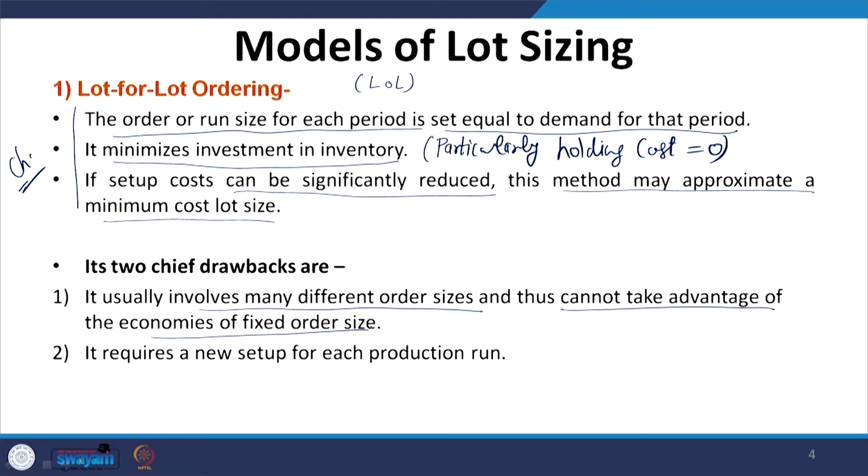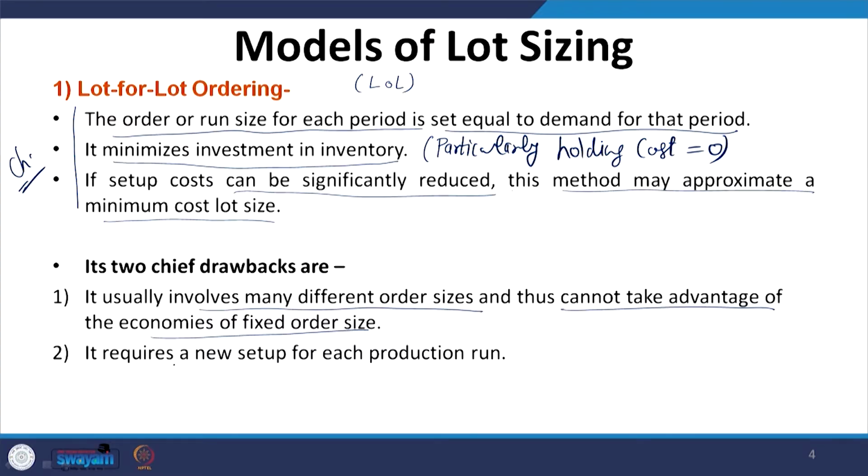When you have a fixed order size, you can arrange your resources to produce a fixed quantity. But when the order quantities vary from period to period, it is a difficult task to arrange your resources. So, you require a lot of flexibility so that your system can respond to varied quantities, and obviously flexibility comes at a cost.